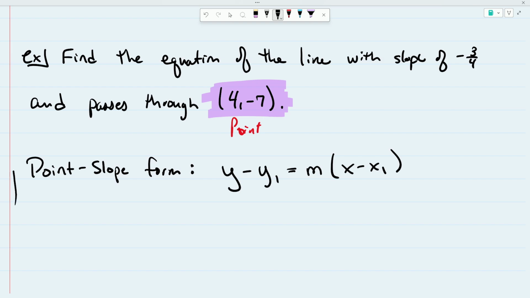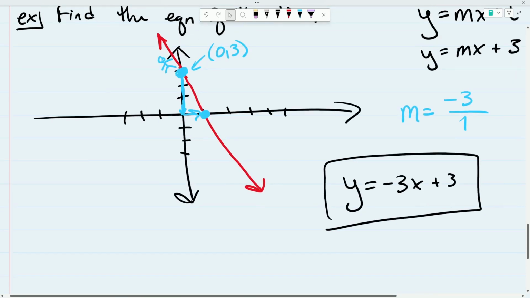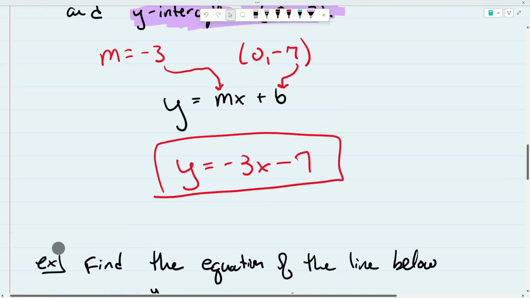And this is universal, meaning you can use this point slope form for any type of line with any type of slope with any type of point.